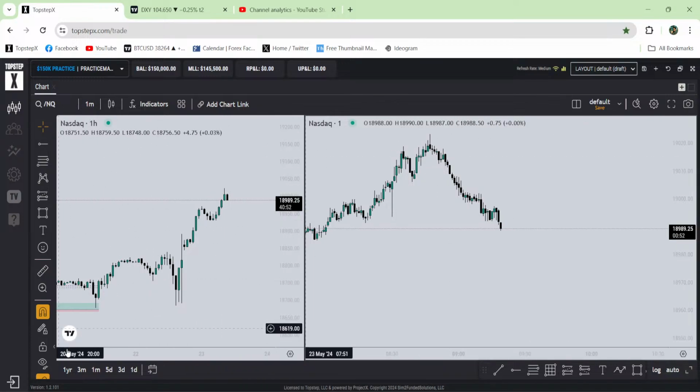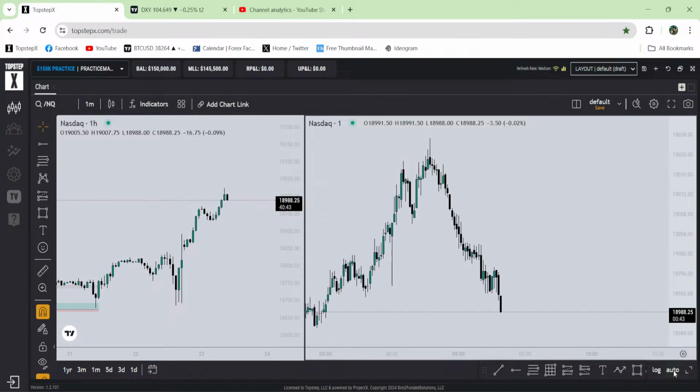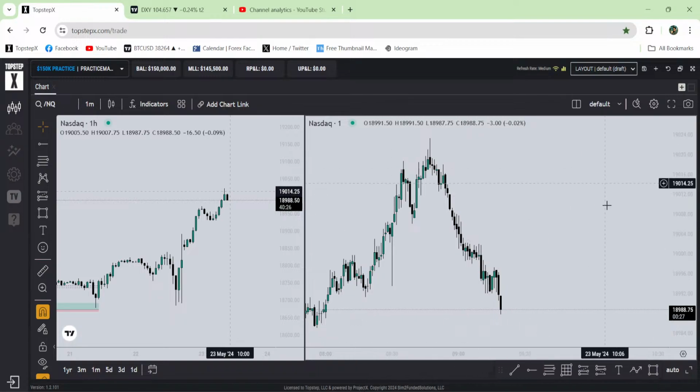Is there any option so that I can check electronic trading hour and regular trading hour? I don't see any option actually.